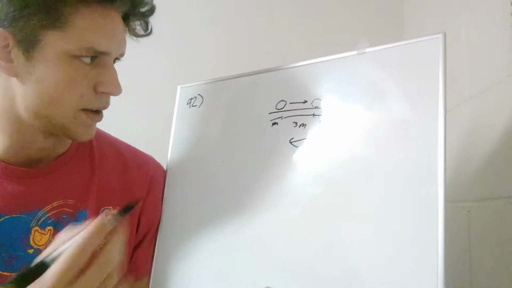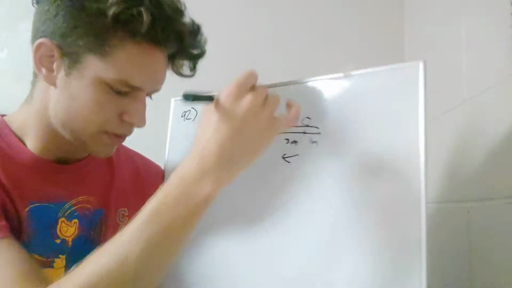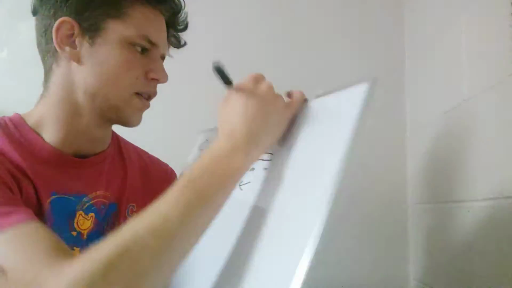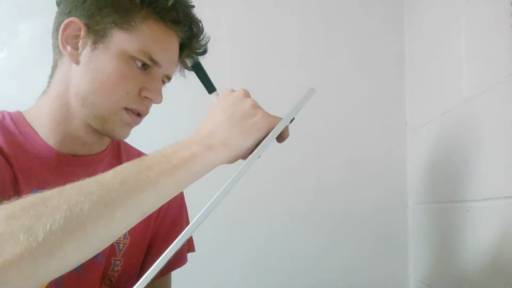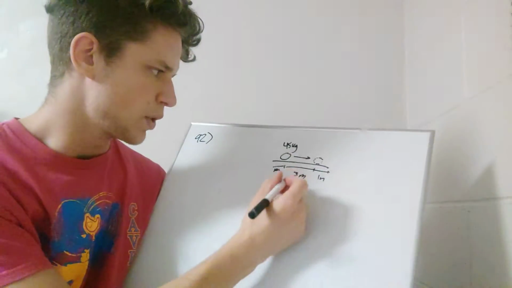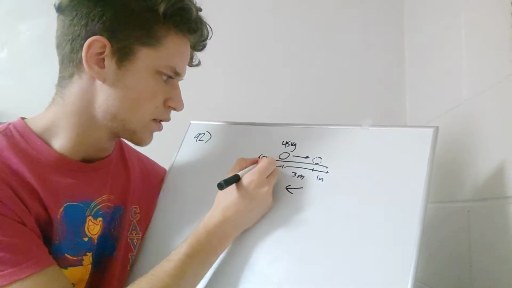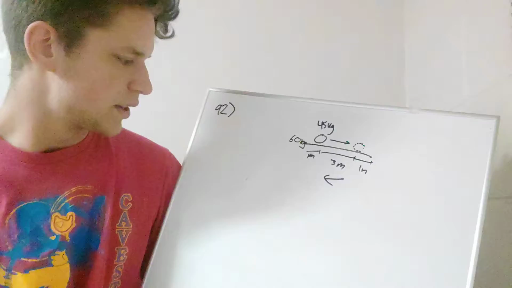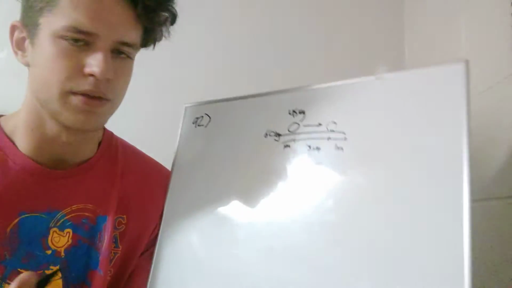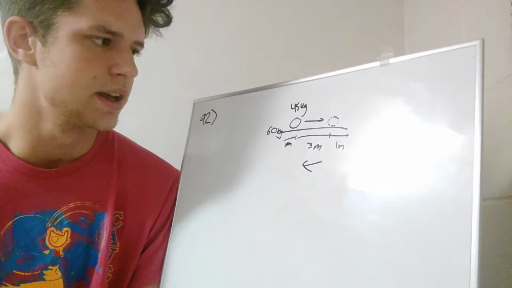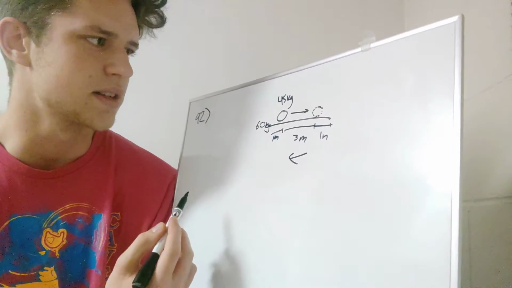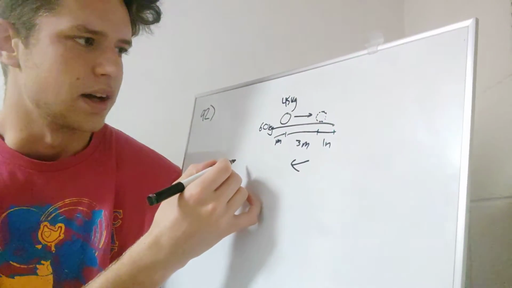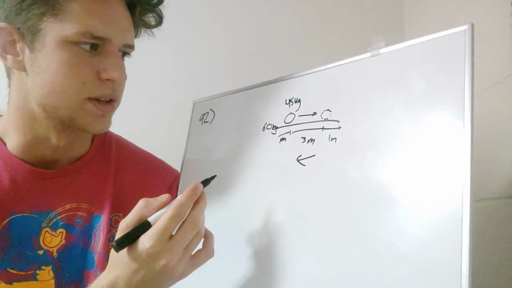So, the lady in this weighs 45 kilograms, is that right? Yeah, 45 kilograms. And then the boat itself weighs 60 kilograms, right? Right. Okay. So then, the first thing we want to do is calculate the center of mass. The way that I did this is, I did a weighted average, which is always a fun thing.